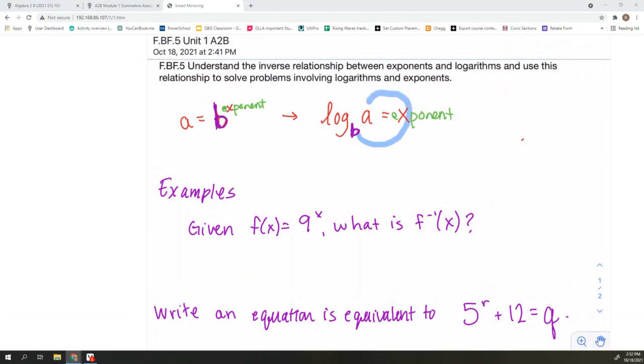Notice it made that little loop. And if we wanted to write it in log form, we would do log base b of a is equal to x. They kind of make circles that go one way or the other, just as a way of remembering how to do it. Everything else is just examples.